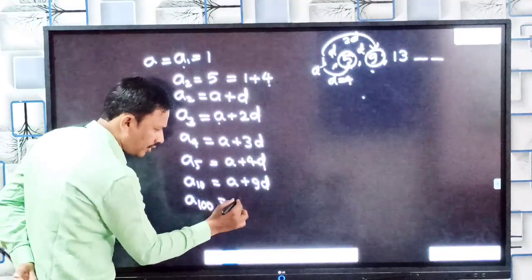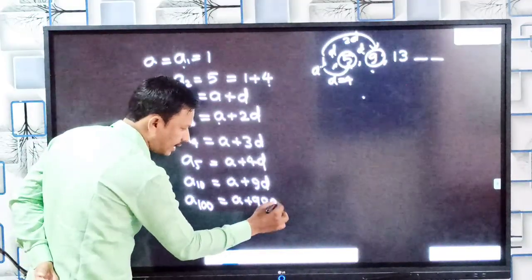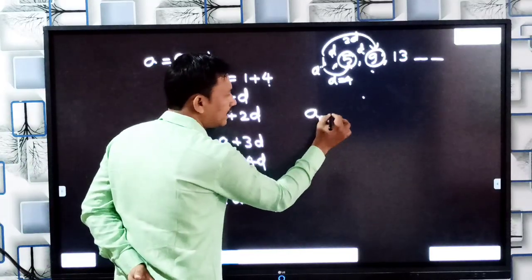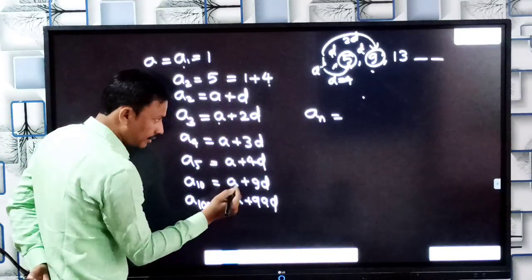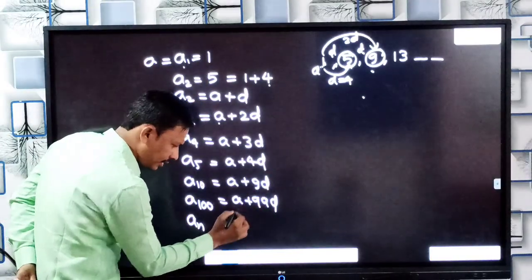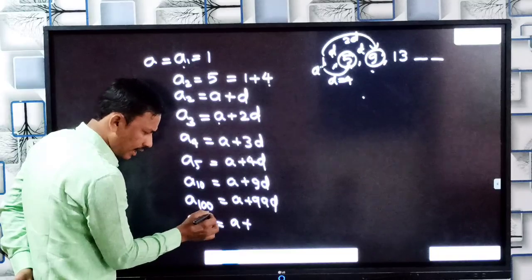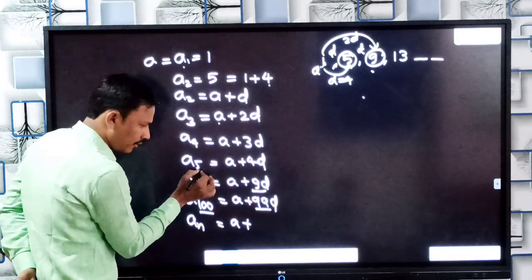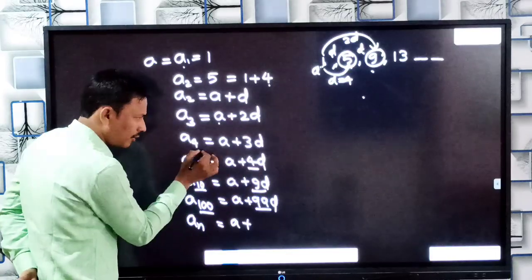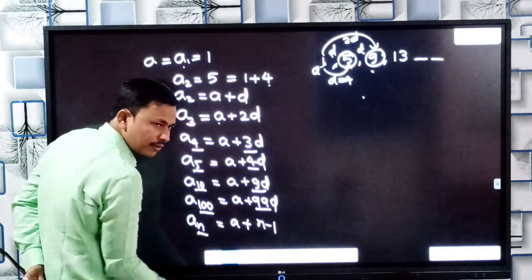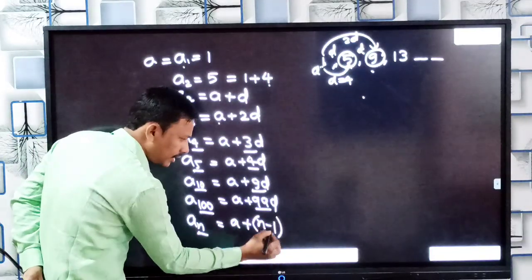A100 is equal to A plus 99d. Then An is equal to A plus n minus 1, bracket into d.